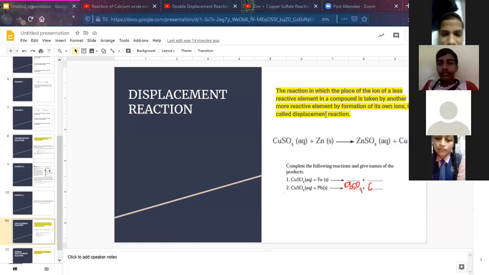Correct. That answer is correct, and I hope, Saloni, you are saying the same thing. And here it would be iron sulfate, FeSO4 plus Cu. These are the two answers.